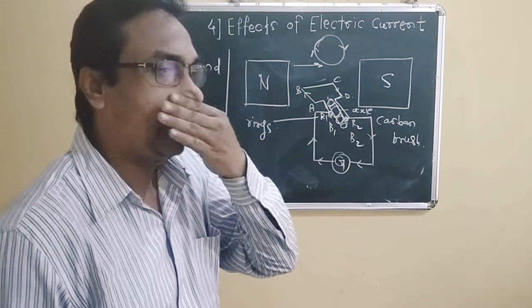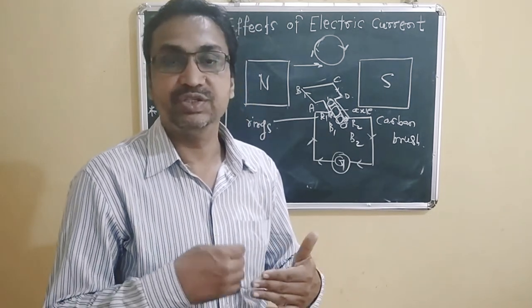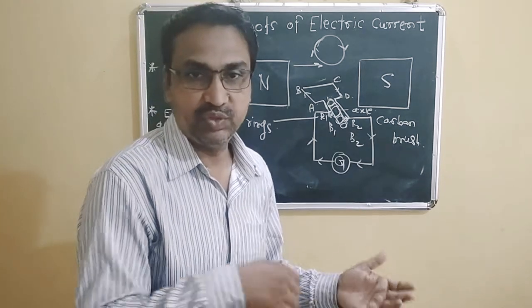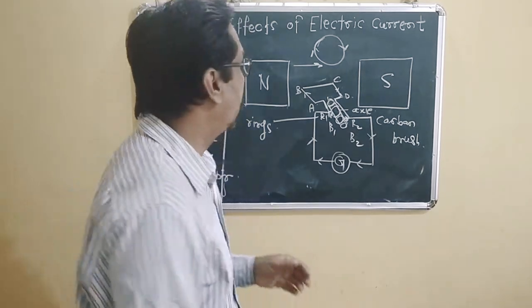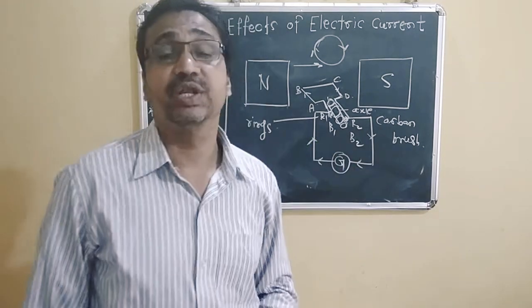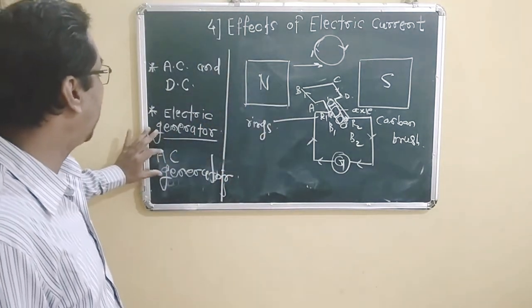In this way, every half rotation the direction changes, from B1 to B2 and B2 to B1. In this way electric current is generated, and it is called an AC generator.